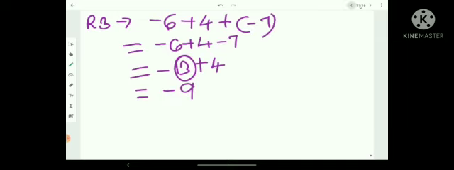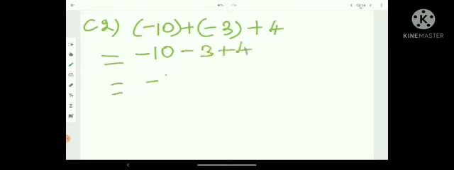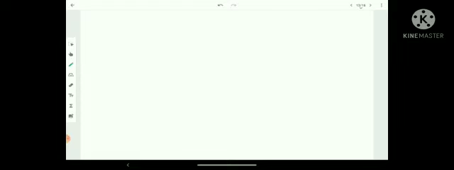So now column 2. Column 2, now minus 10 plus minus 3 plus 4. So is equal to minus 10 plus minus minus 3 plus 4. So first we will do this, minus 13 plus 4, again the same, minus 9. So now we are moving on with the column 3.